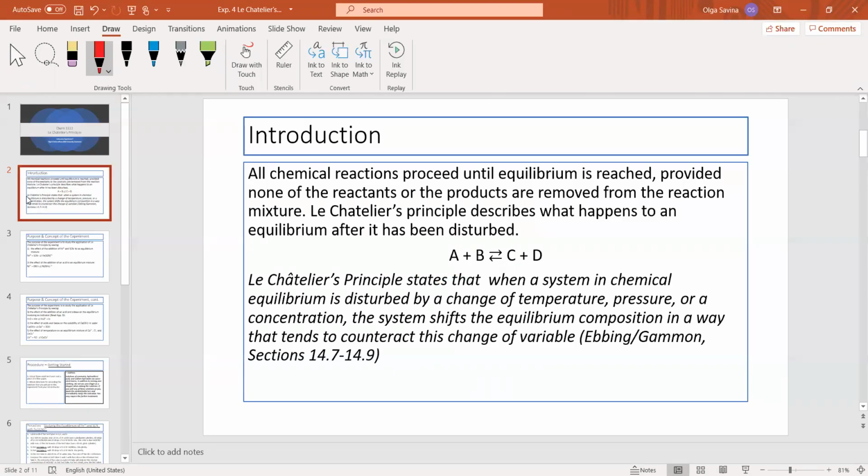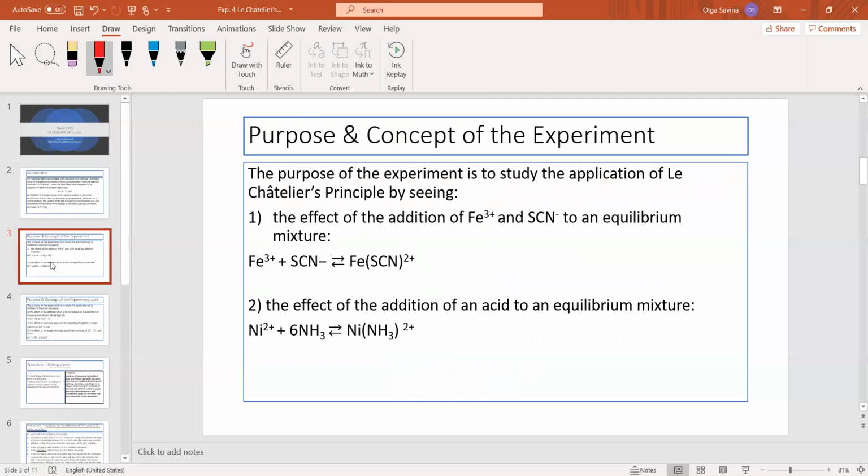Okay, let's talk about our experiment. So we will study the application of Le Chatelier's principle, and we will study several reactions. So the first reaction is the reaction between iron 3+ ions and thiocyanate ions with the production of an iron 3 thiocyanate complex with a charge of 2+.